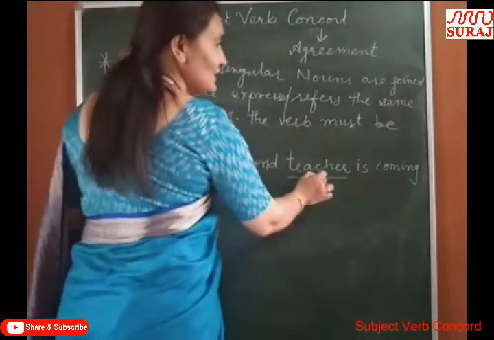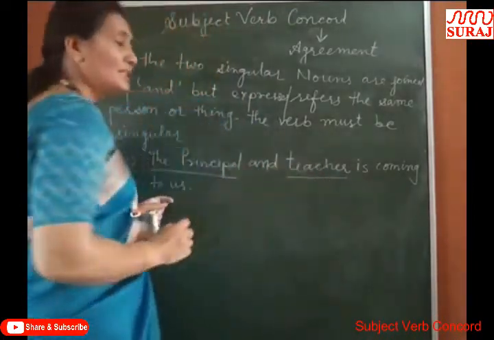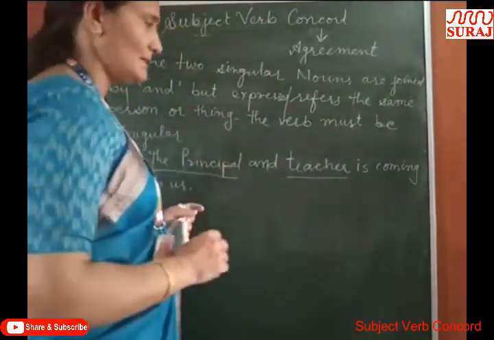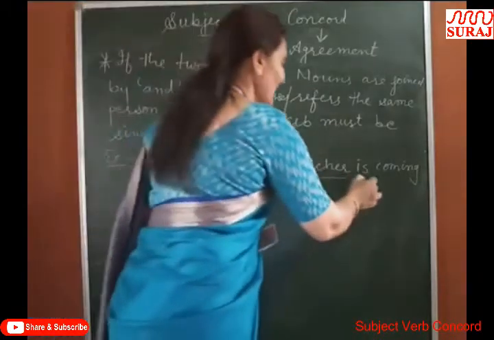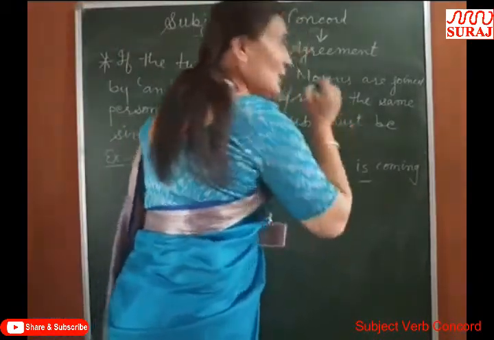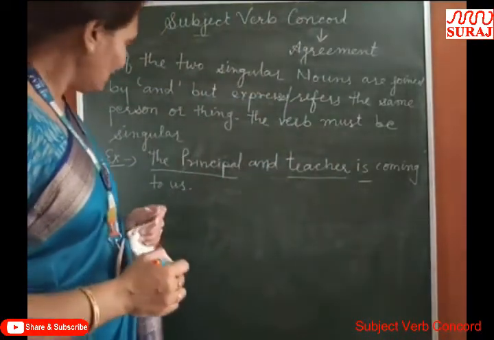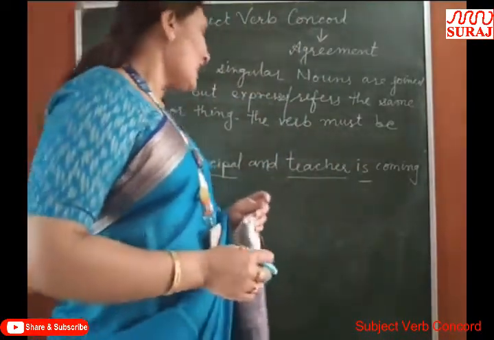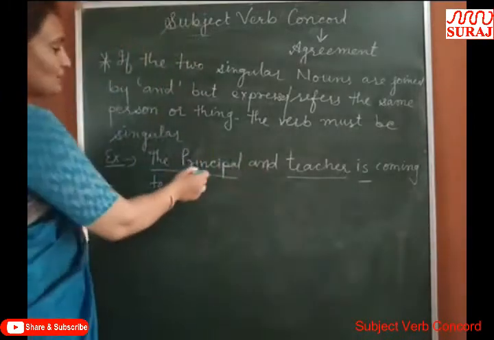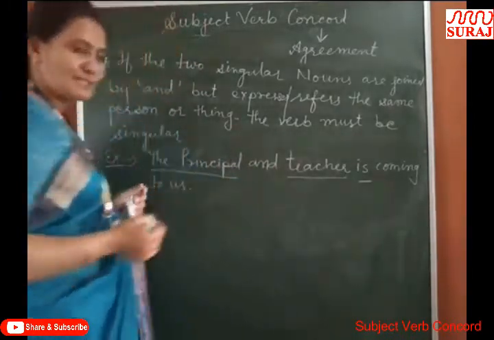Dear student, here I have written two singular subject, two nouns. First principal and second teacher. There are two nouns here, principal and teacher, but both refer the same person. That's why I have used here singular verb.